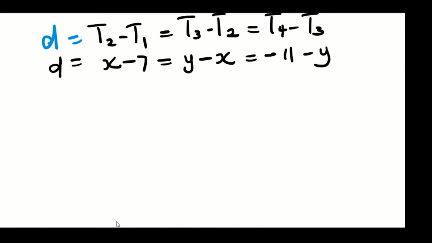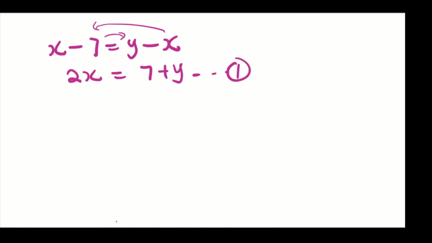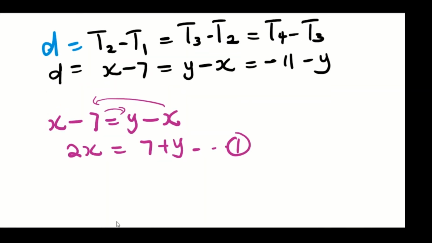So we will have x minus 7 is equal to y minus x, and then if we transpose the x to the other side, we have 2x equals, and transpose the minus 7, we have 7 plus y, right? I label this equation 1, and then we will use this portion here and say y minus x is equal to minus 11 minus y, right?